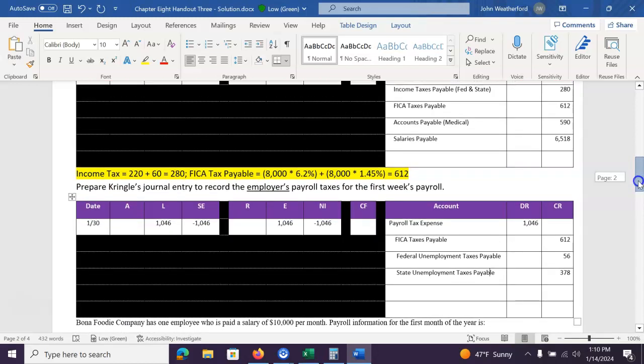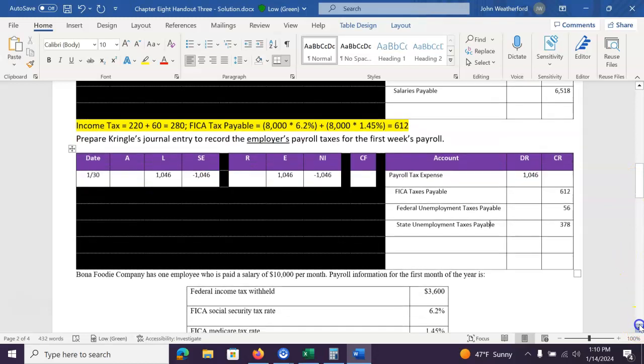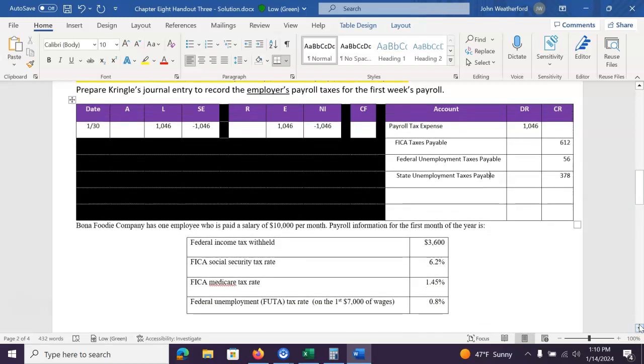All right, let's look at another one here. This Bona Foodie Company has one employee who is paid a salary of $10,000 per month. It's a nice salary, right? Okay, payroll information for the first month of the year is as follows. They tell us federal income tax withheld was $3,600.